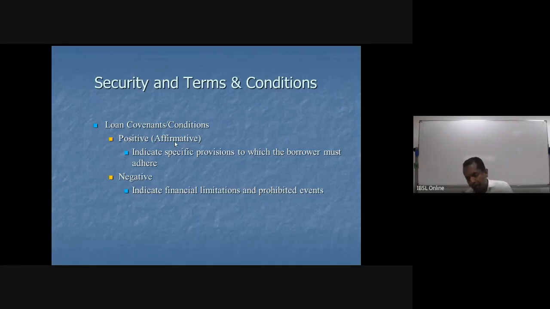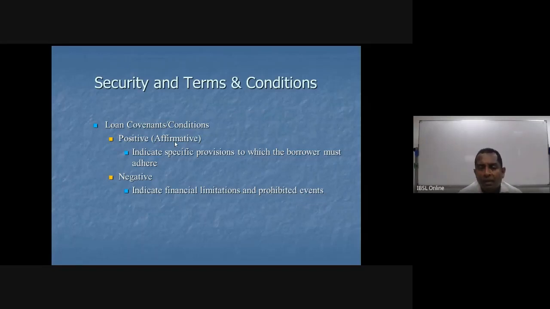They are positive or affirmative, and negative or restrictive covenants. Positive covenants, we get the customer to adhere to. We don't restrict the customer.